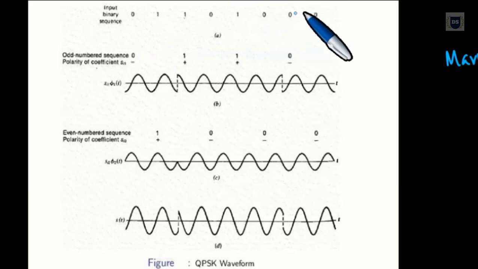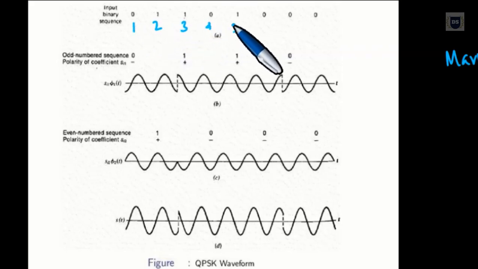These are the input binary sequence, and here I can label them as 1, 2, 3, 4, 5, 6, 7, and 8. All I have to do is separate these bits into odd-numbered and even-numbered sequences.